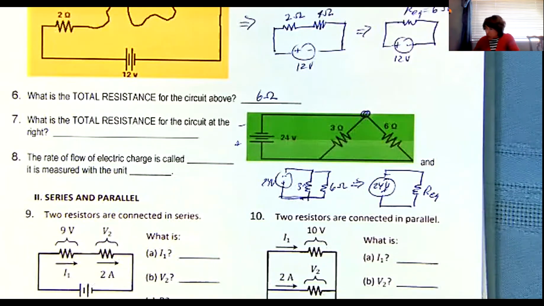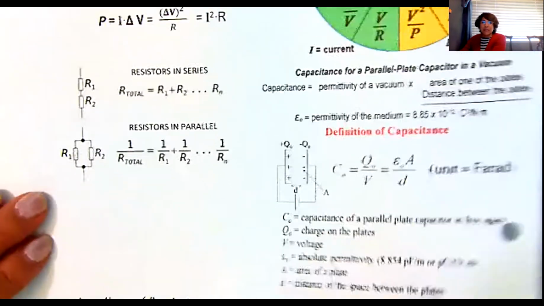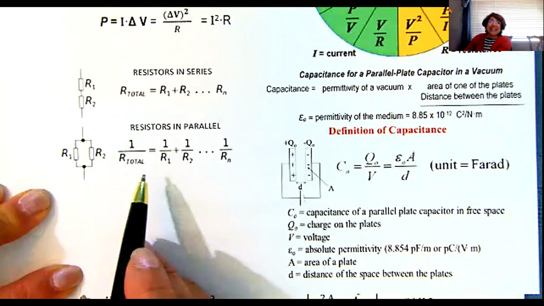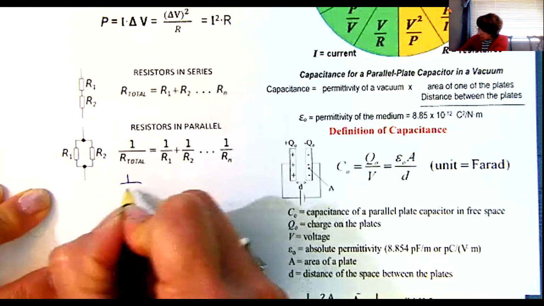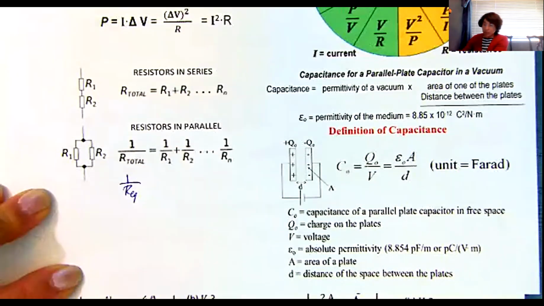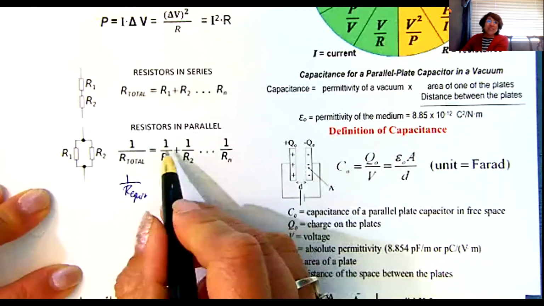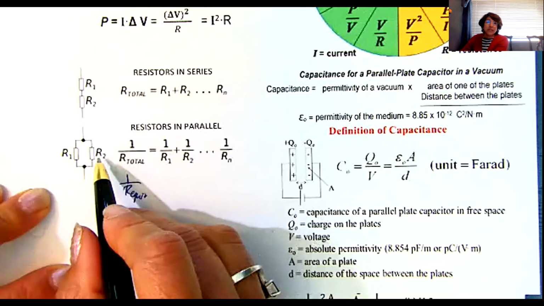So we go back to my summary page for the chapter, and here it is. When you have resistors in parallel, the inverse of the total resistance, or equivalent resistance, is equal to the sum of the reciprocal of each of these resistors.